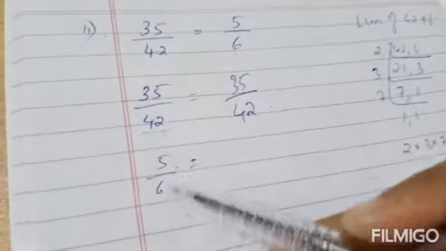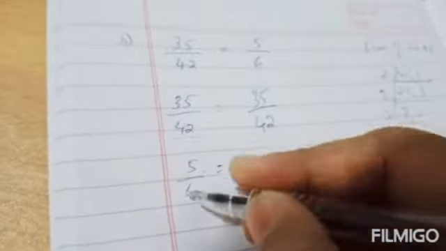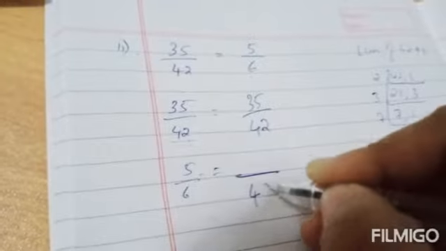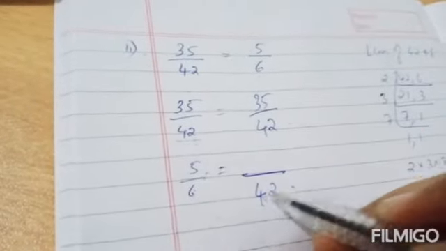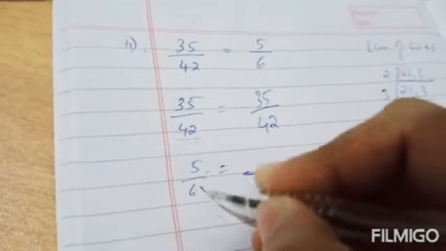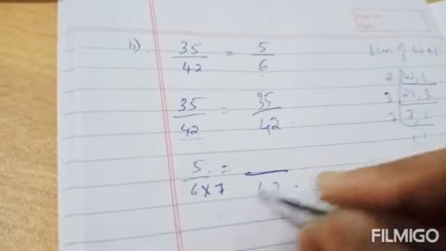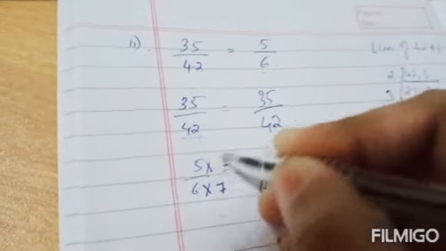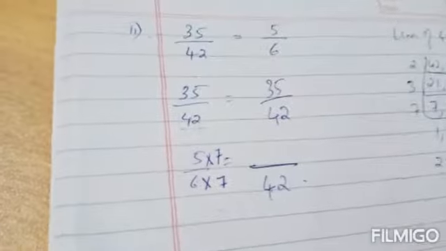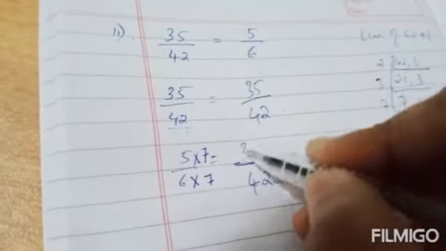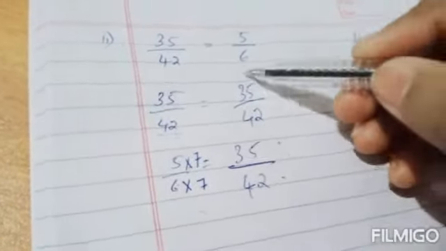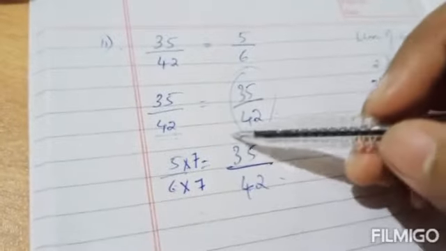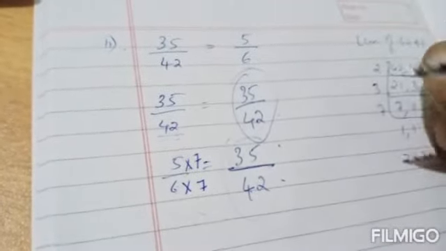Next 5/6. Here the denominator is 6. Change this denominator equal to LCM. So 6 into 7 you will get 42, so 5 also you multiply by 7. 5 into 7 it is 35. So the two fractions are 35/42 and 35/42.